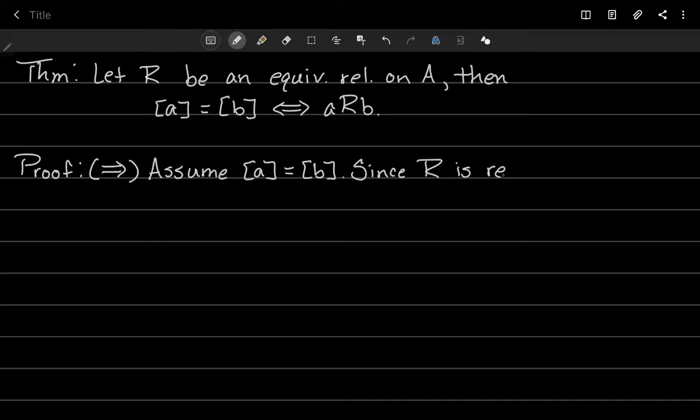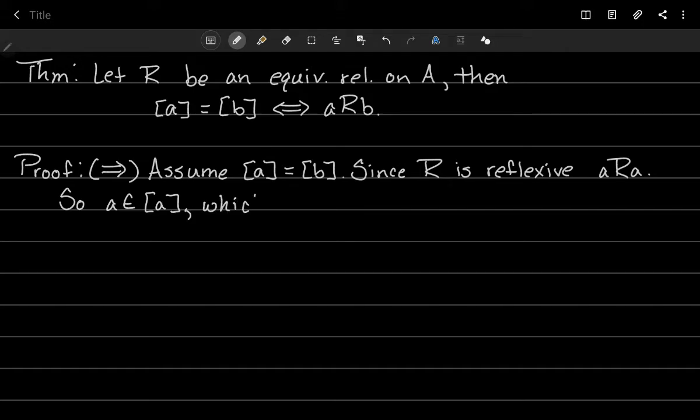So since R is reflexive, A is related to itself. Okay, that means by definition of the equivalence class, A is an element of its own equivalence class. But we just said A and B have the same equivalence class.